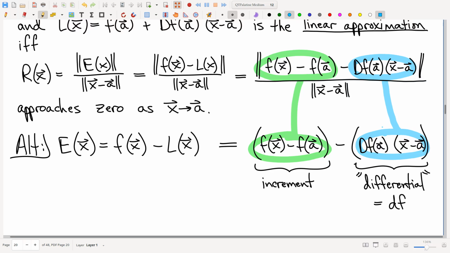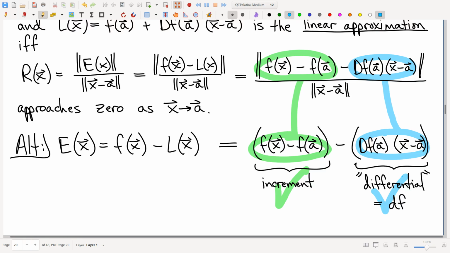And these things down here have different nice interpretations. This is what we call the increment. This says, starting at a point a, moving to a point x, how much does the function actually change? Increment means the actual change in the actual value of the actual function. This other thing over here is what we call the differential.